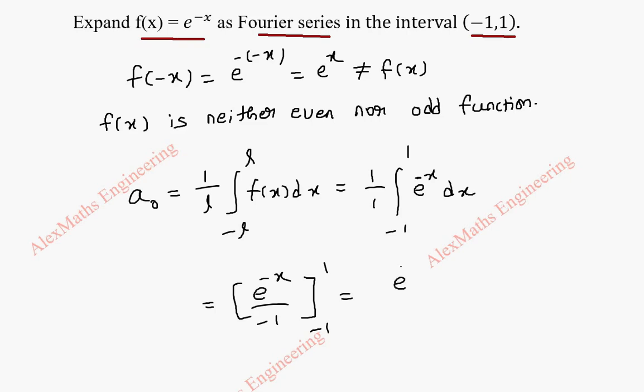So e power minus 1 by minus 1 for the upper limit, then minus of e power 1 by minus 1 for the lower limit. Finally these two minus signs cancel and it becomes plus. So the first term is minus e power minus 1, and the second term is e power 1.